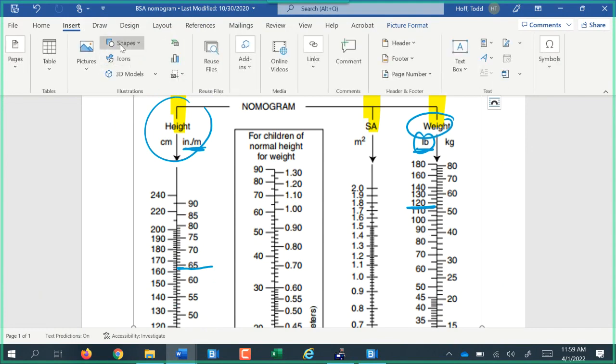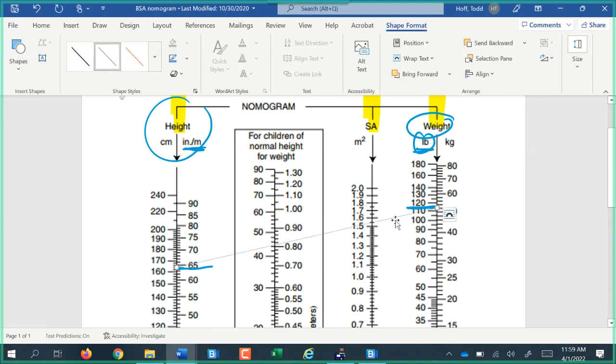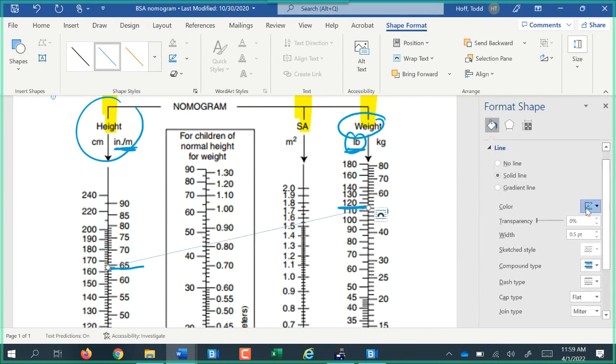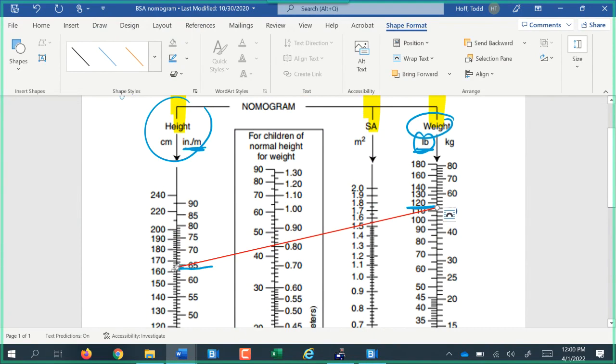I'm going to go from here, the 64 to 115. I'm going to edit that line a little bit just to make it easier to read. Make it bright red, and we'll make it a little thicker. There. So now, again, this line goes from 64 inches over here to 115 pounds over here.